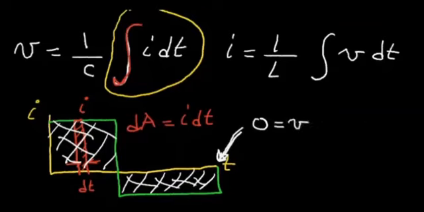Now there's a little trick I can do with this equation. Let's rewrite that down below here. Voltage is equal to 1 over C integral of I dt.